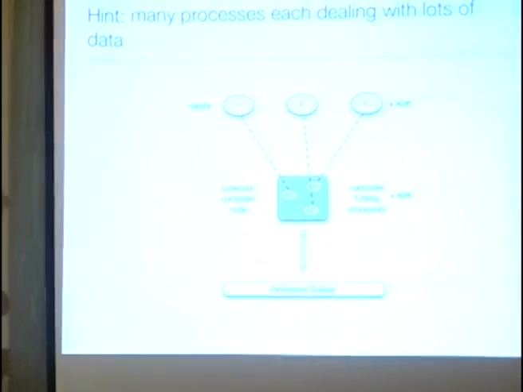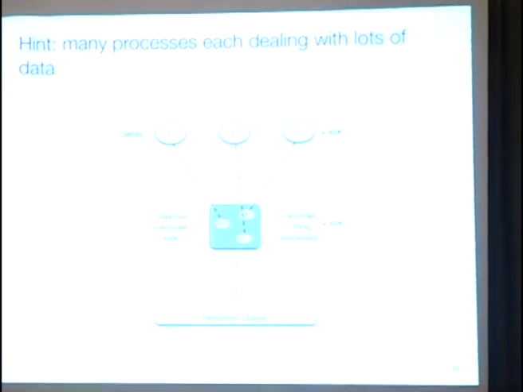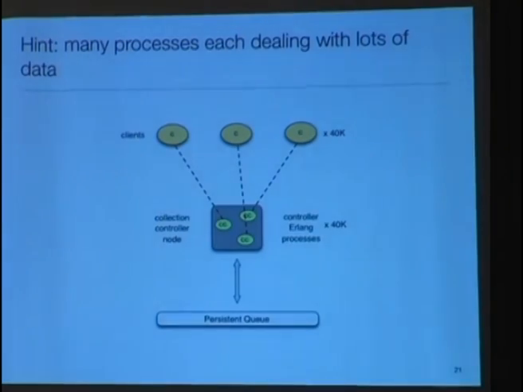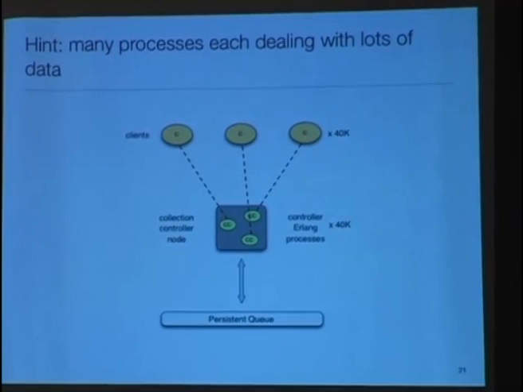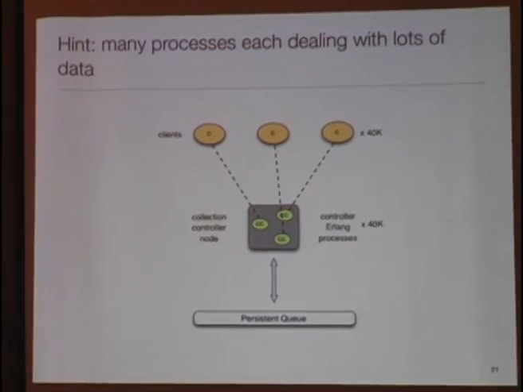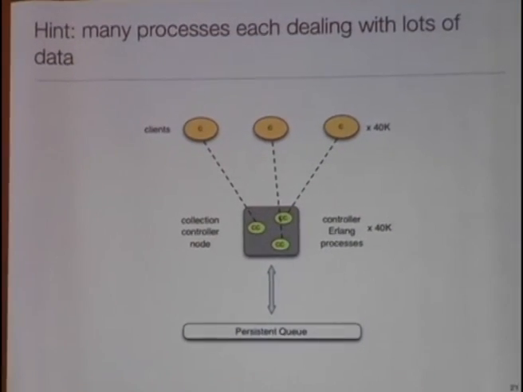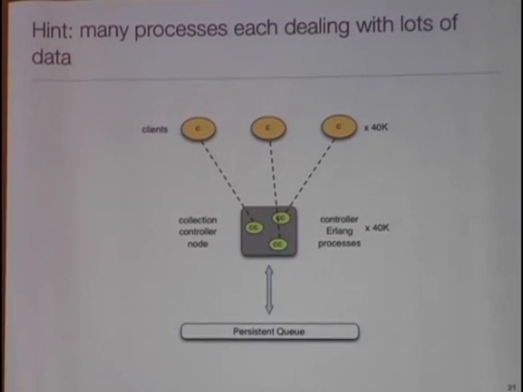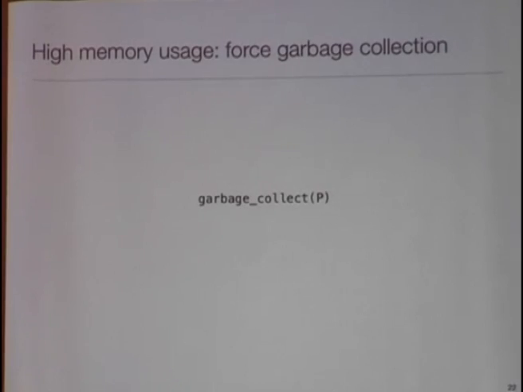What we learned is that by default, garbage collection in a loaded system may not keep up with the data generation rate, so you create more garbage and don't collect it fast enough. Our solution was very simple: after each interaction between the client and the collector process, we force garbage collection on that controller process.